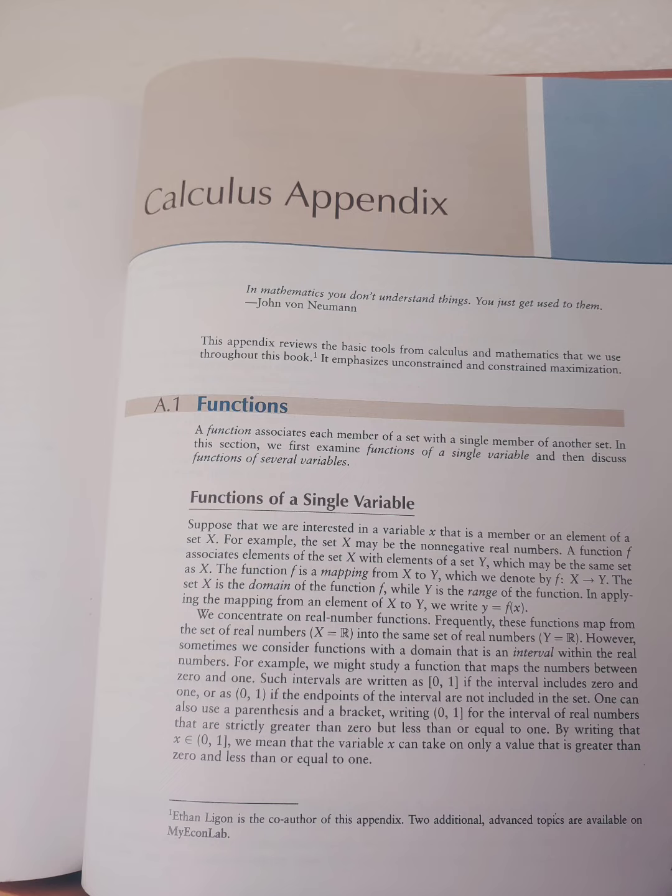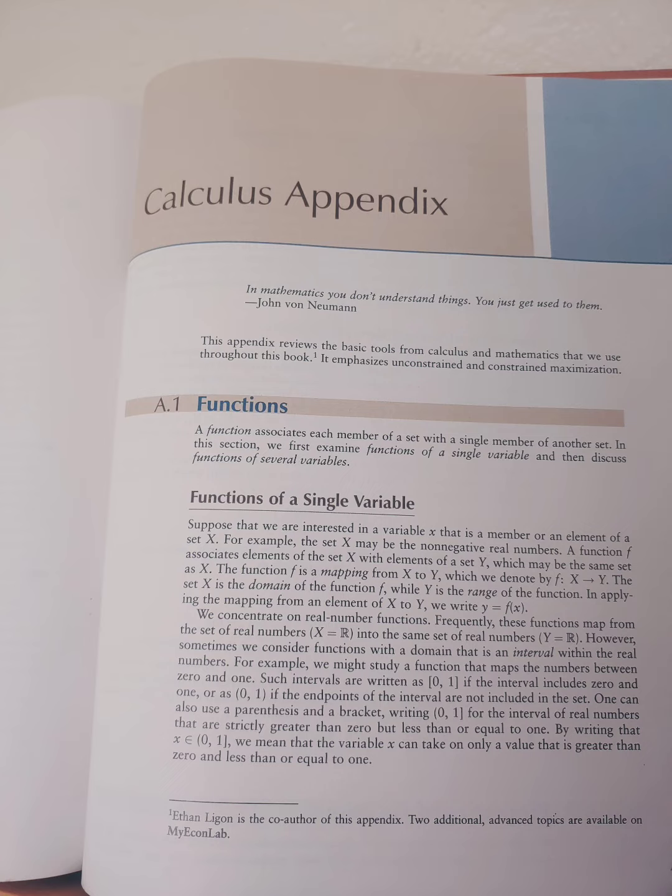A function f associates elements of the set capital X with elements of a set capital Y, which may be the same set as capital X. The function f is a mapping from capital X to capital Y, which we denote by f colon capital X yields capital Y.